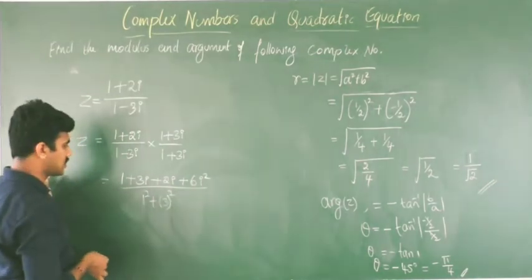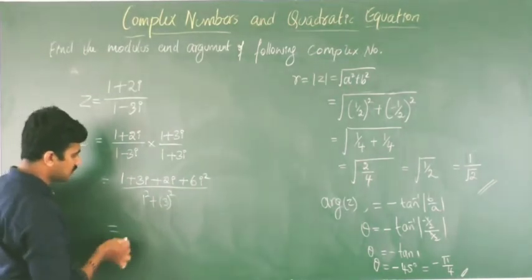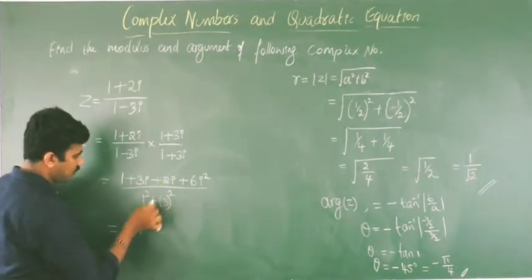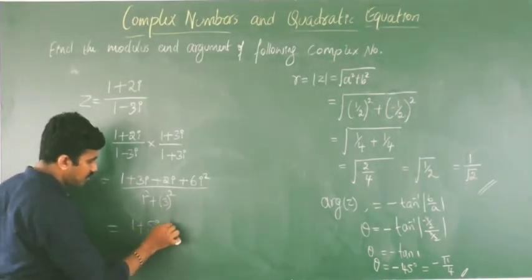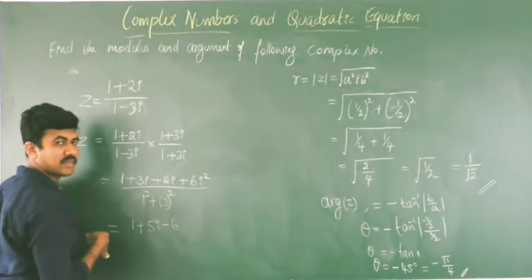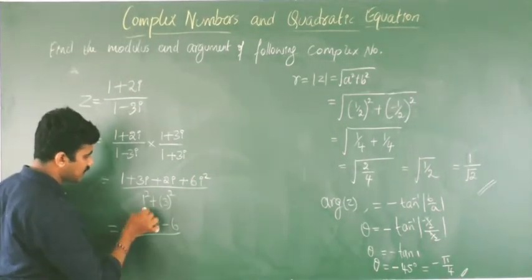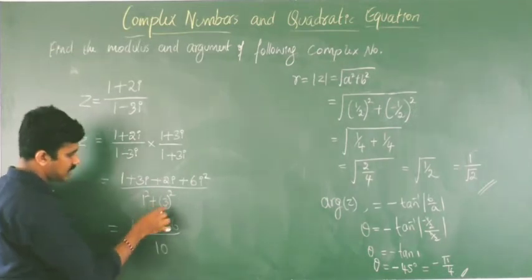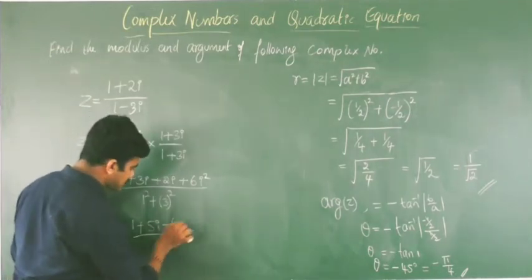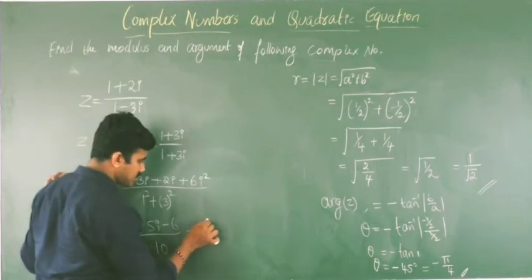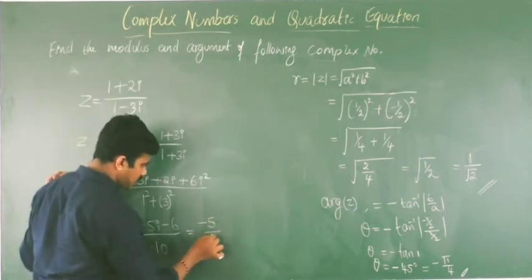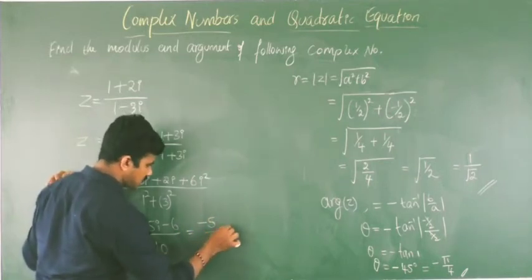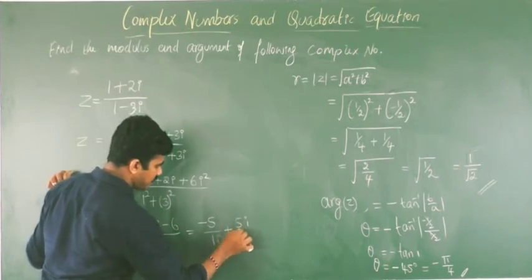Or this is 1 plus 5i minus 6, because i square is minus 1, so we get minus 6. Denominator is what? 10, because 1 plus 9 is 10. And this is 1 minus 6 is minus 5 divided by 10, plus 5i divided by 10.